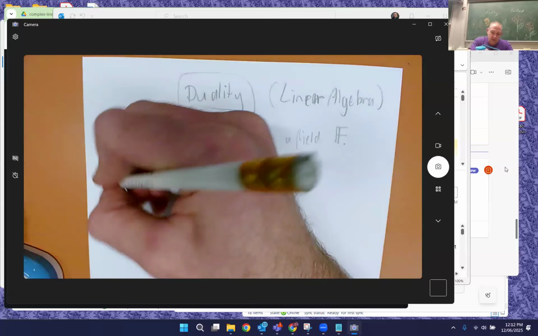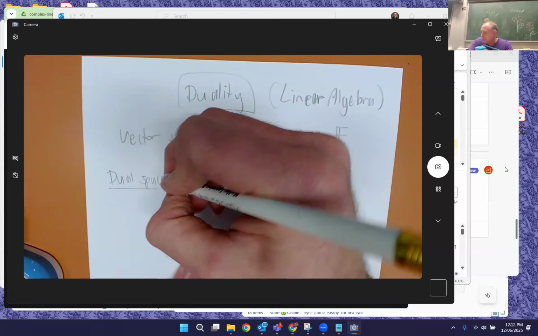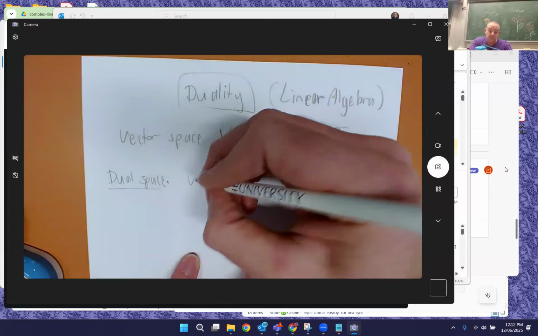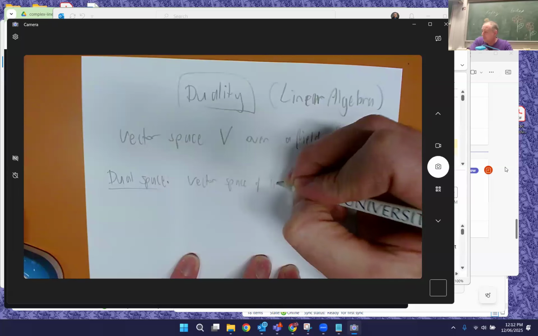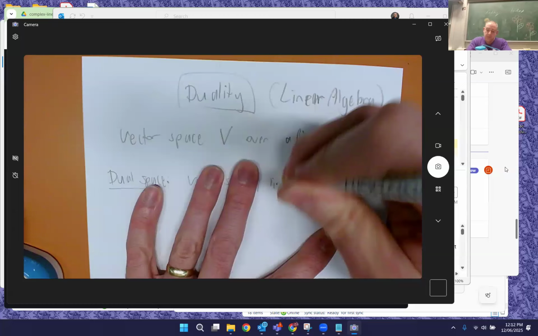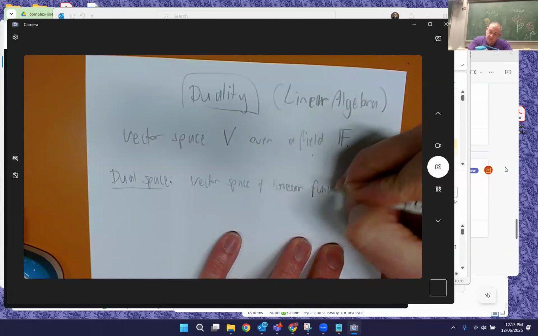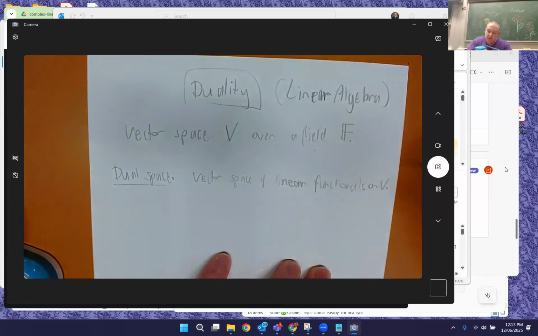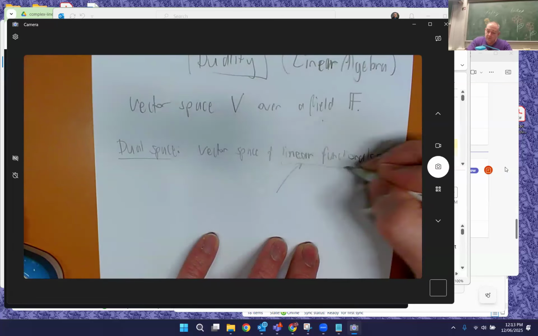And then the dual space is the vector space of linear functionals on V. Okay, so linear functionals.